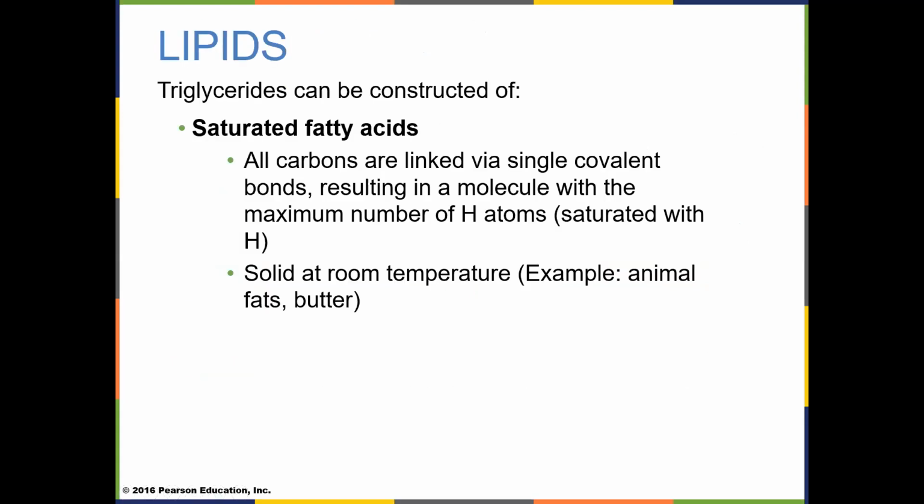If you have every space filled up, you are saturated. We call it a saturated fatty acid. All the covalent bonds in that chain are going to be single covalent bonds. So a carbon atom is linked to 2 other carbon atoms and is linked to 2 hydrogens.